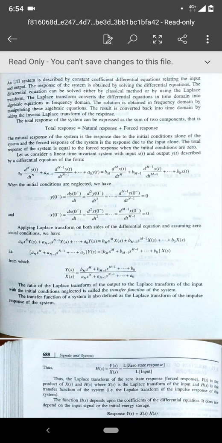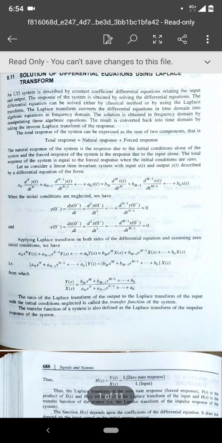Compared to that method, this method is very simple. You can account for the initial conditions, everything you can do. You can find the transfer function, and the greatest advantage of Laplace transform is that you're not keeping the differential equations as such.